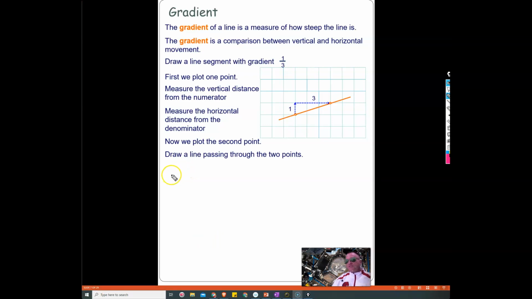Now when you have the slope of something, you can also express it as a grade. And a grade is the slope as a percentage. So I can take this and I can convert it into what is known as a grade. Grade is the same as the slope as a percentage.